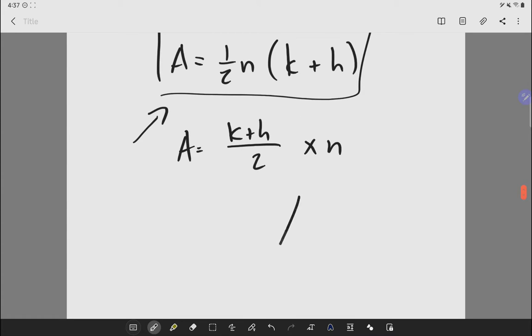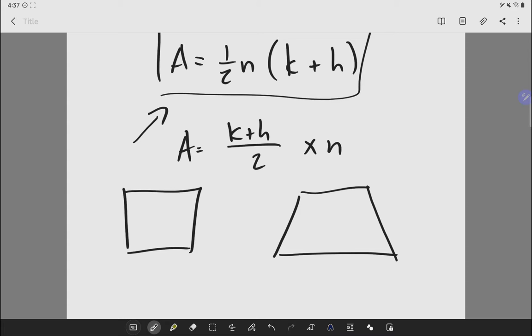So the area of this trapezoid would be the same as a rectangle where, let's not say H and K because that's confusing, X and Y, let's say, if that was the average of H and K.